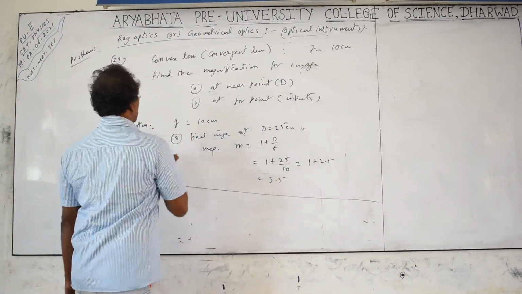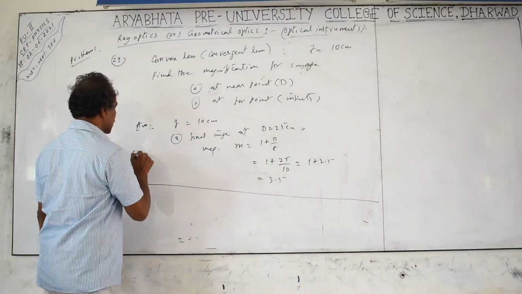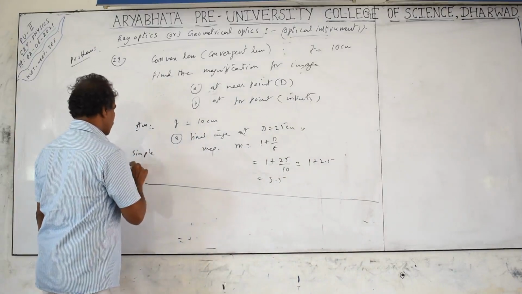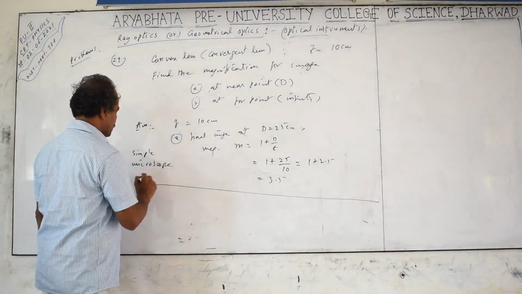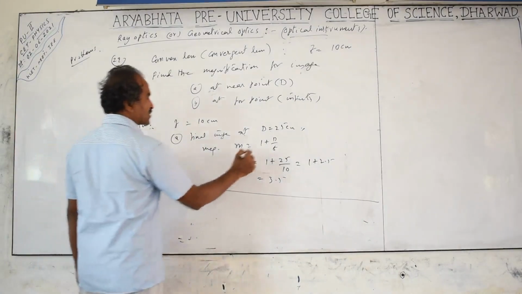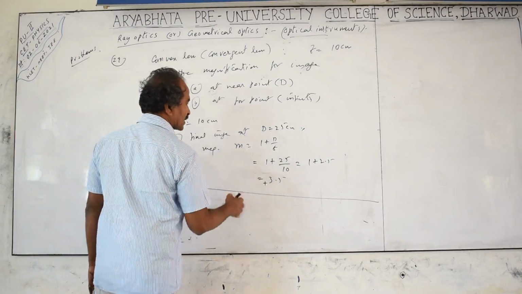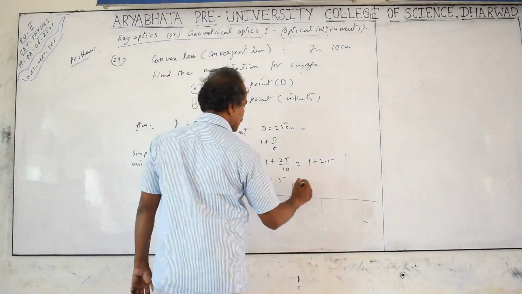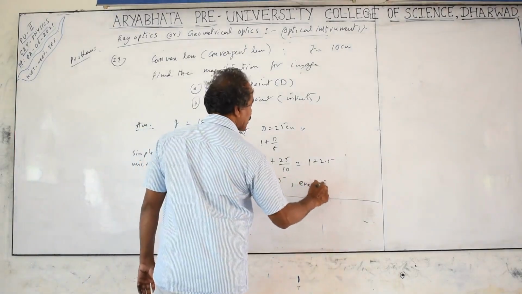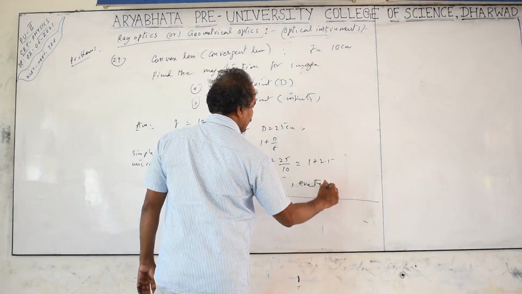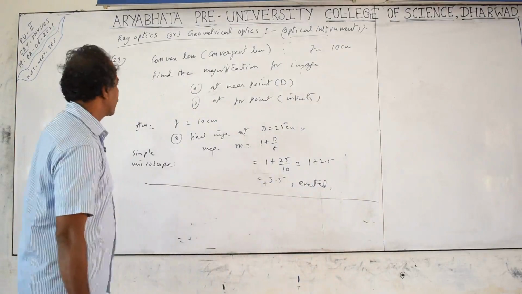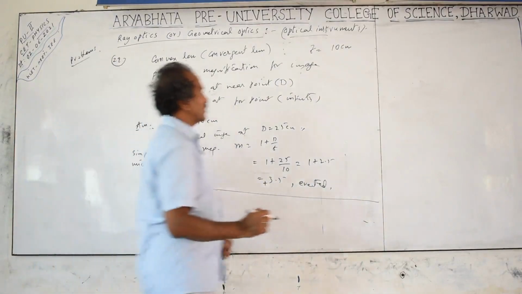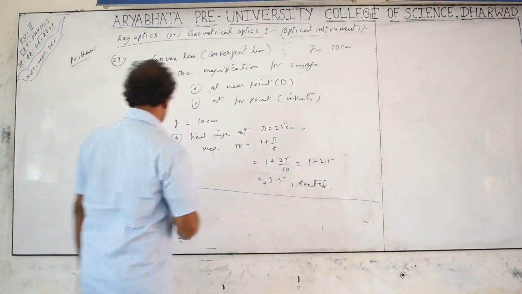Because we are taking a simple microscope, a single lens acting as a microscope, the magnification you get is positive. You get an erect image, erect and magnified. More than one means magnified, plus means erect. Next, image at infinity.